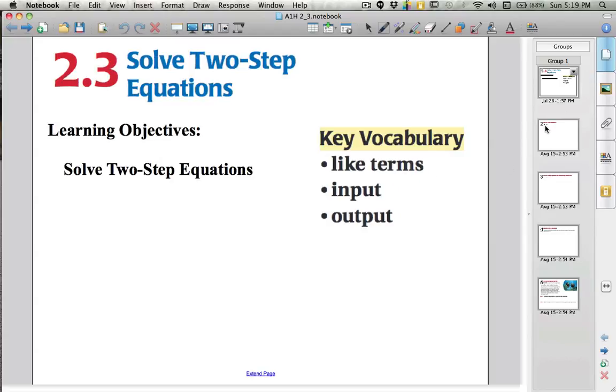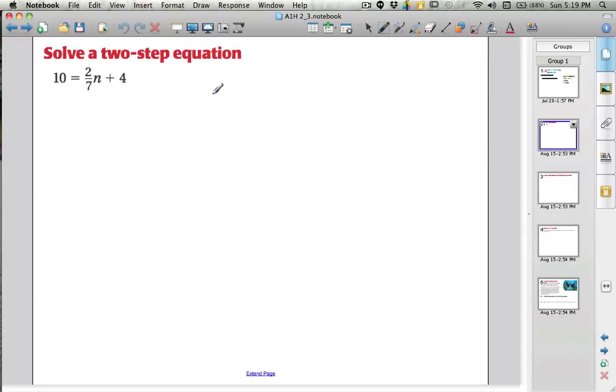Okay, if you take a look at this problem, I want to isolate n. And to do that, the first thing I'm going to do is subtract 4 from either side of the equation. So I'll get 2/7 n is equal to 10 minus 4, which is 6.